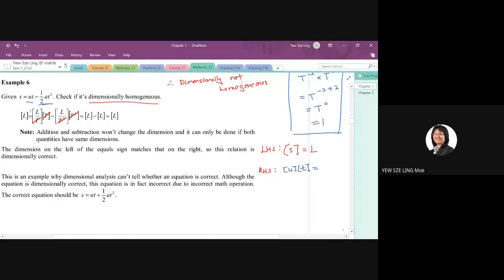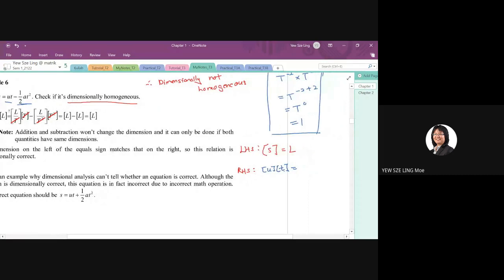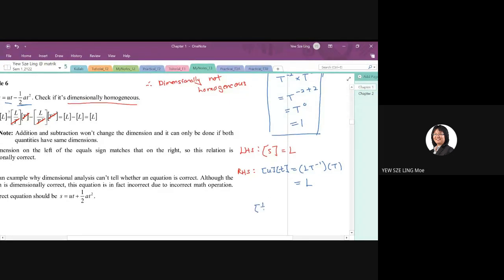Now U is velocity, LT negative 1, T is time. Therefore, the dimension for this part UT is L. All right, and then the second part in the equation is 1 over 2 AT squared.